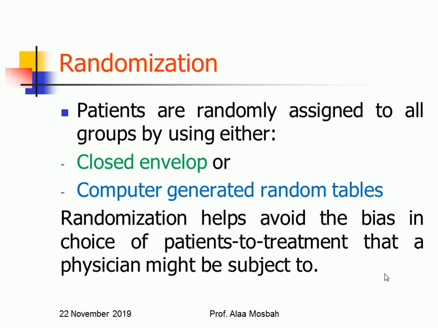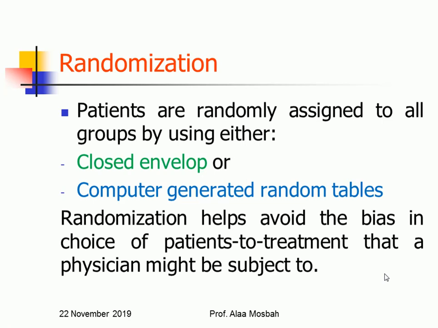Suppose you have 200 patients, you will prepare 200 envelopes containing the name of drugs A or B, but it should be equal at the end: 100 for A and 100 for B. So I have a total of 200 envelopes containing the name of the drug A or B. Then the patient will choose one envelope and she doesn't know what is inside. This is a closed envelope.